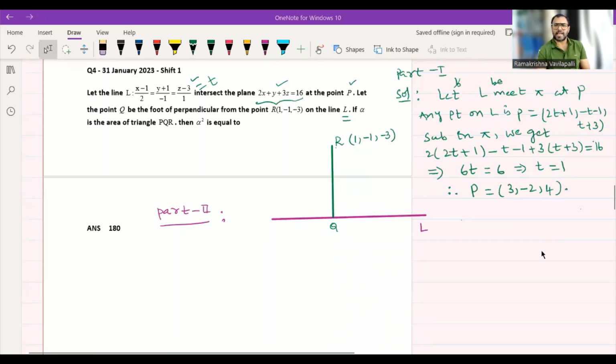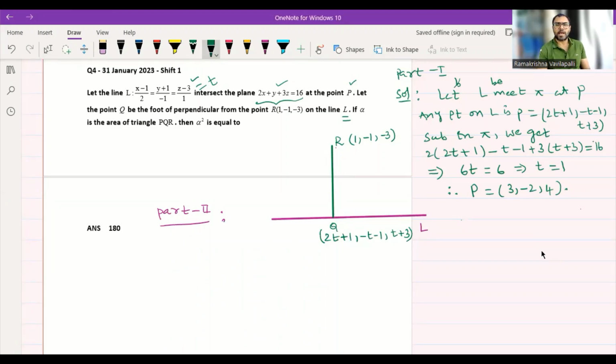So here the given line is L, and we need to find out the foot of perpendicular from R on the line L. You take any point on the line, a general point, same as the previous one, that is 2t plus 1, minus t minus 1, t plus 3. So you are learning both the concepts, foot of perpendicular from a point on L.